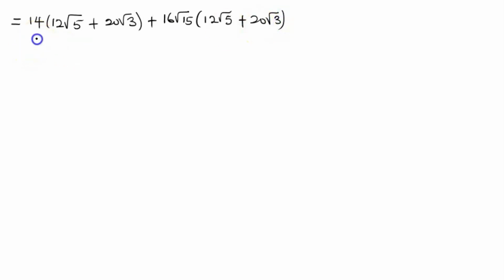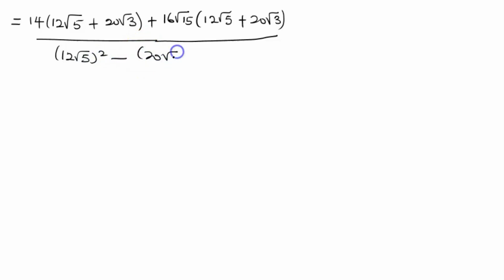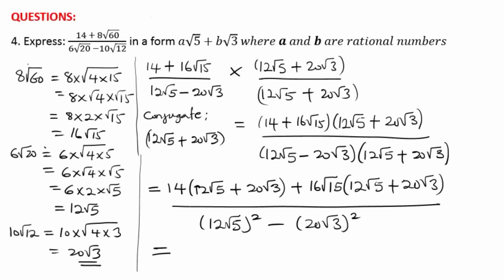I believe I've written the correct thing. And at the denominator, of course, we have the conjugate being squared. So we have 12 root 5 squared minus 20 root 3 squared. Yeah, I believe this is what we have.